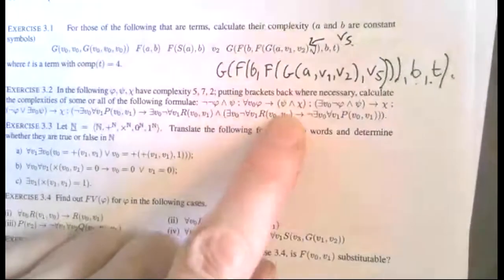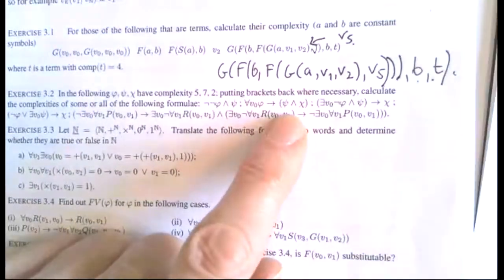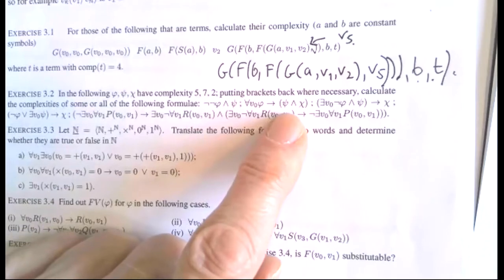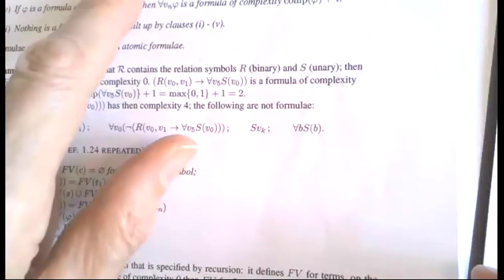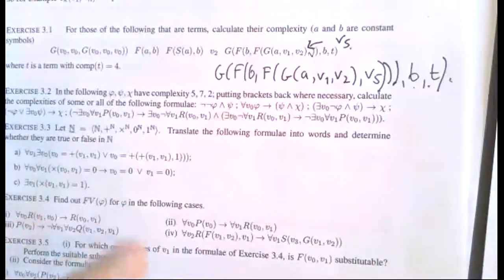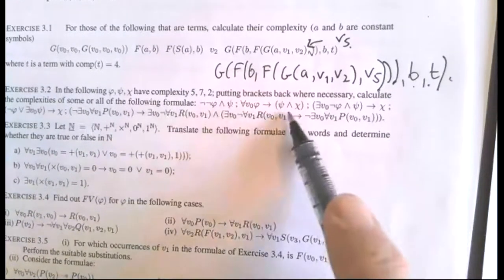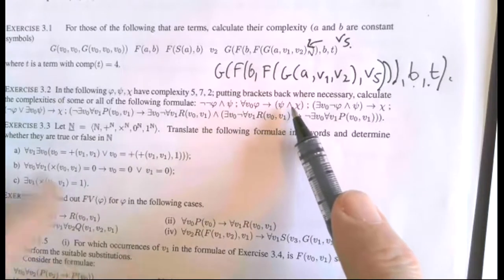Here, you've been left to puzzle out complexities of formulae which don't have, here we just use not and arrow. We don't use and, or implication.